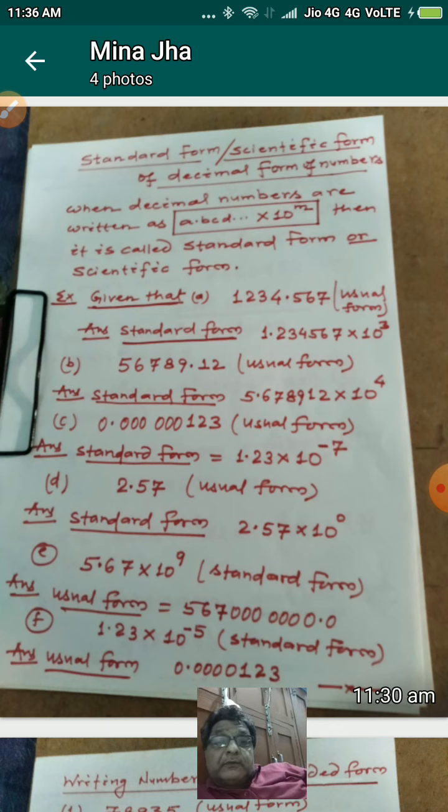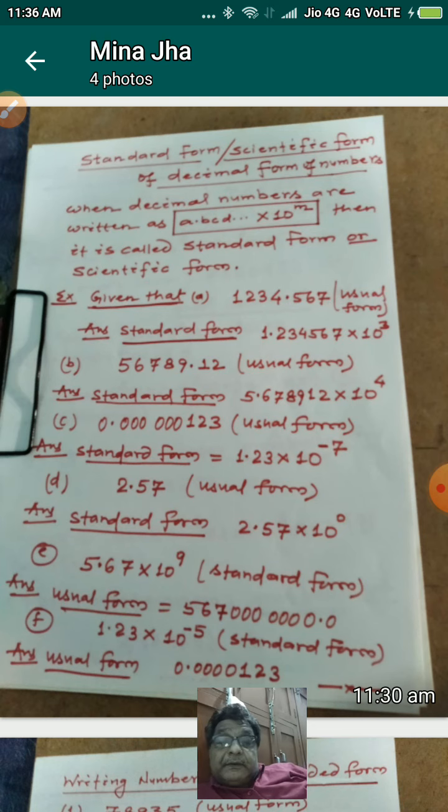Students, the rule says that you put your decimal from the left after one non-zero digit. That is, after one digit the decimal will be there in the standard form, but that digit should be other than 0.